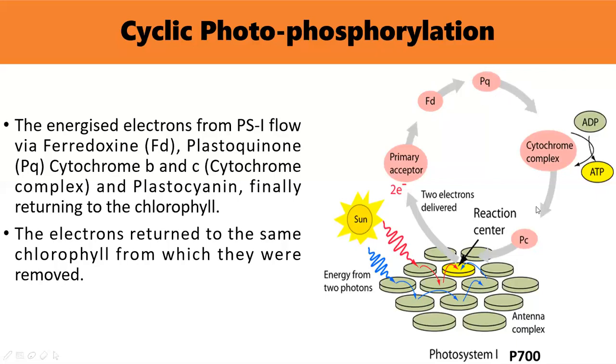Like this, all these electron carriers or acceptors perform redox reactions, meaning they get oxidized and reduced. The main important thing is that during cyclic photophosphorylation, they produce only ATP energy.